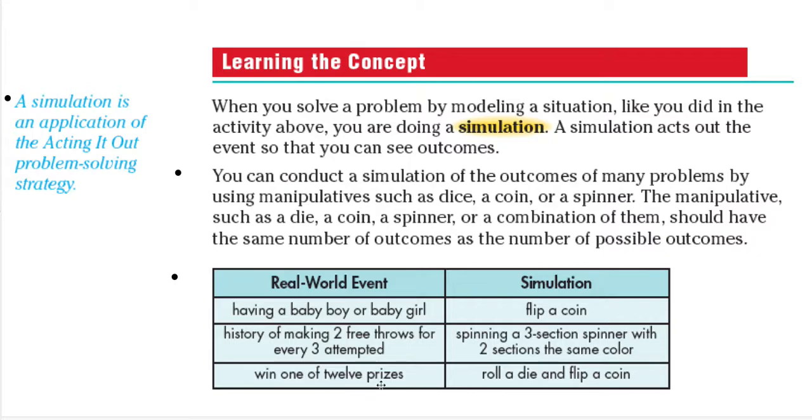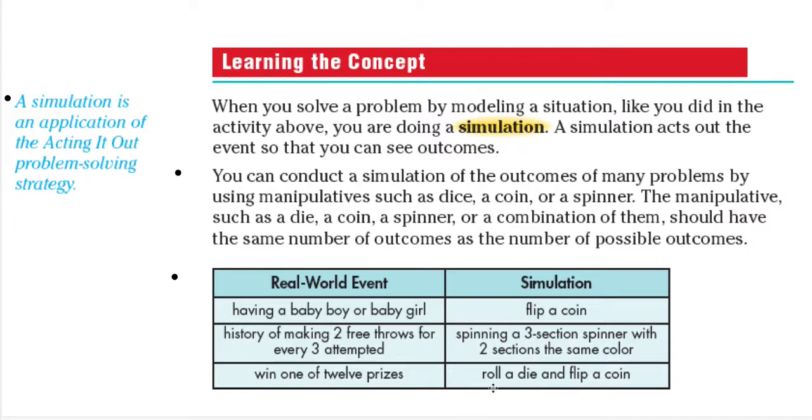So again, you have an outcome of 12 prizes, and you want to win 1. So roll a die and flip a coin. Why is that? Because when you roll a die, you have six outcomes. When you flip a coin, you have 2 outcomes.